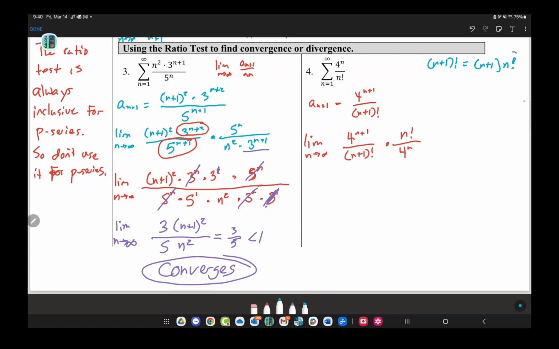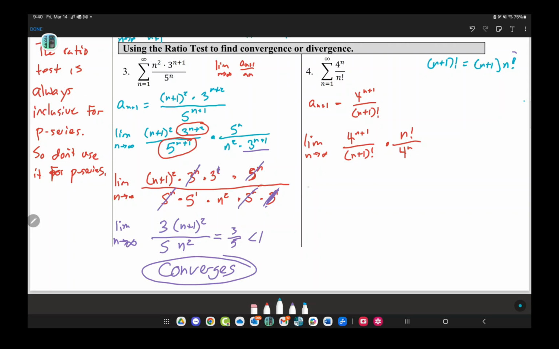Where do we write this? At the very top. n plus 1 factorial equals n plus 1 times n factorial. Because again, if you remember, you multiply by every number less. So what's one number less than n plus 1? And then you keep going, so that would just be n factorial after that.